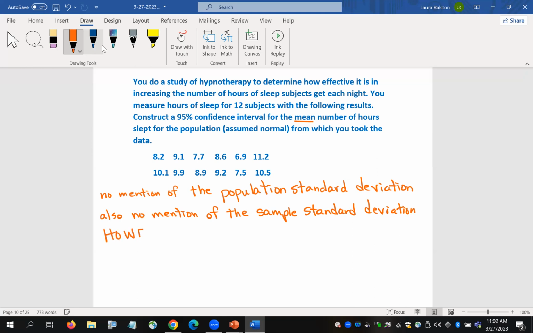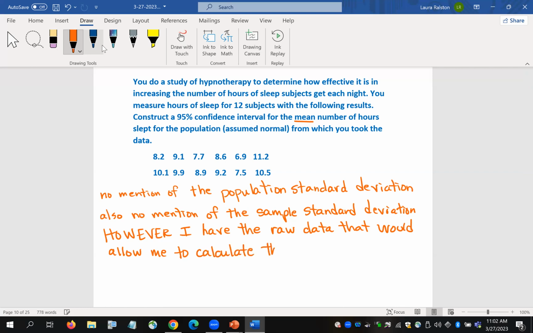However, I have the raw data that would allow me to calculate the sample standard deviation.